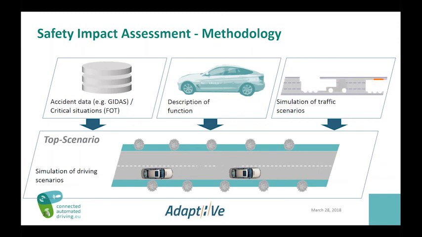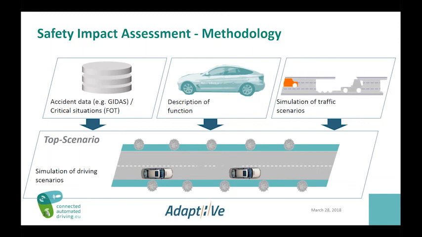And since this data is quite limited, we needed to simulate the traffic scenario based on the function description and based on the data. And once we did that, we then have top scenarios. These result from simulation, from the description of the function, where this function can actually support, and of course from the data coming from the accident database.